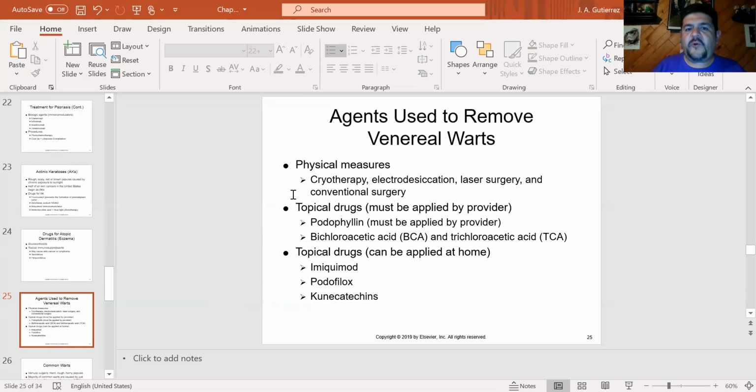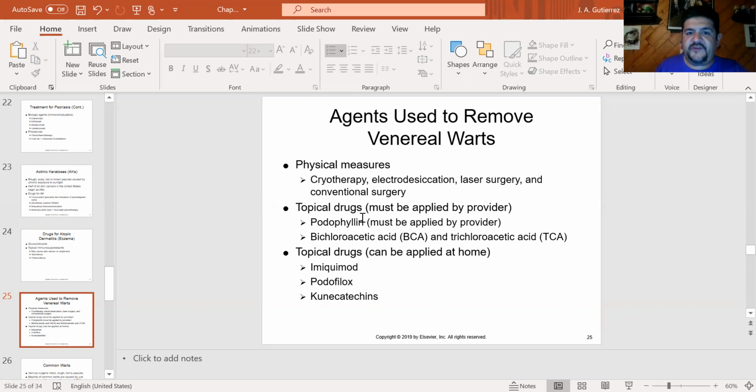We can do cryotherapy, which means we freeze it, those cells die, and we remove them. Electrodissection, we can cut them using electricity. It smells like burned fat when we do this, like chicharrones.